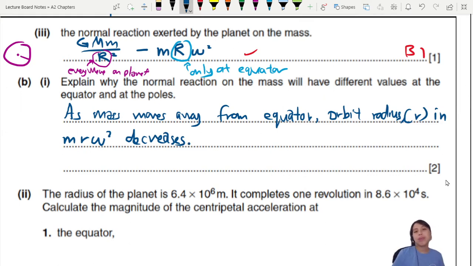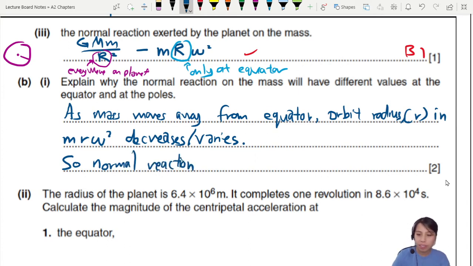So what does that mean for our normal reaction force? Or you can say it decreases or varies. Varies also can, as an acceptable marking answer. So as you move further away, your m r omega square becomes smaller, can even decrease to 0. So the normal reaction force increases.